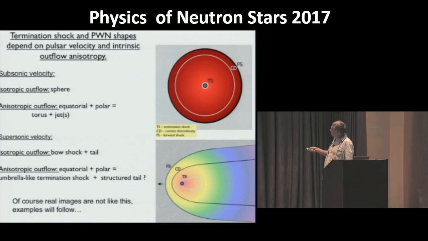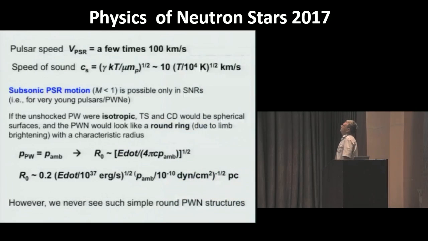Now, if we put in a really realistic anisotropic wind, this picture should become more complex, of course. Let's recall that the typical pulsar speed, based on measurements, is of the order of a few hundred kilometers per second, and of course there is a distribution there. The typical speed of sound in the ISM can be estimated like this. This is the warm ISM phase, so it's about 10 kilometers per second.